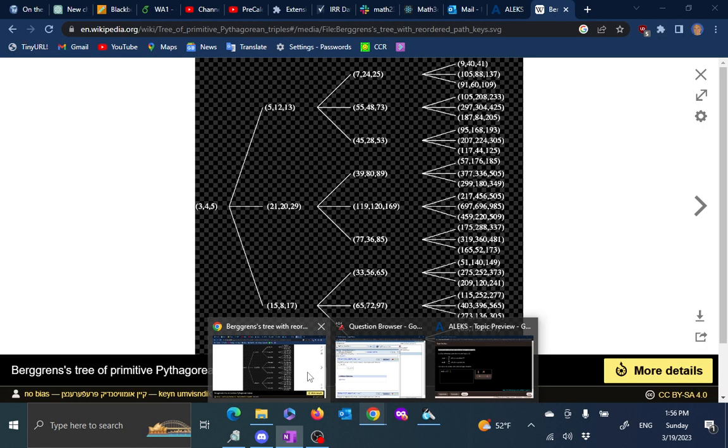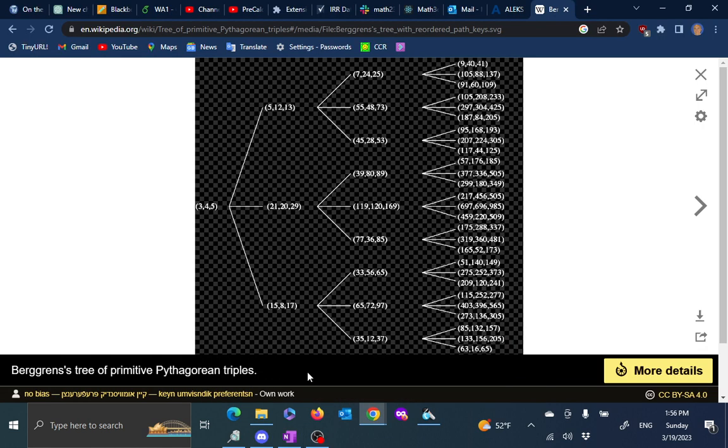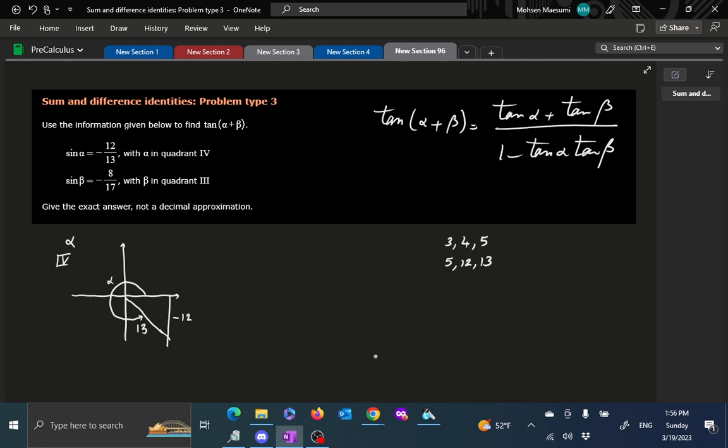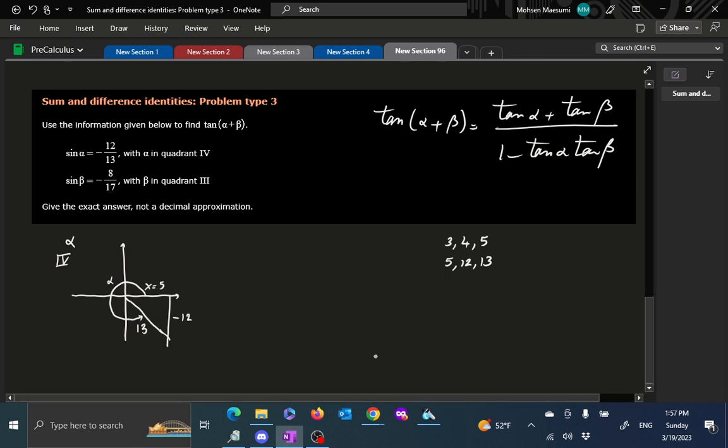If you let me know, you can make a so-called tree out of these Pythagorean triplets, a fascinating topic all by itself, but right now we are just using these well-known cases. So here x is 5.